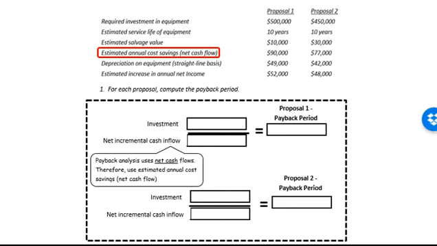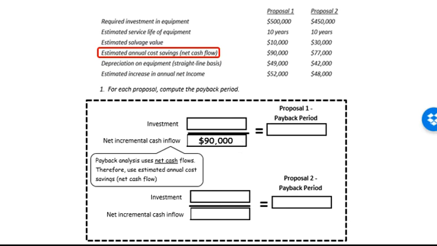So now we have all the information we're going to need, and we start off with the investment for proposal 1. I'm sorry, before we do that, what we're going to do is insert the amount of incremental increase in our cash flow because we were able to reduce our expenses by $90,000. So we put that in the denominator box.